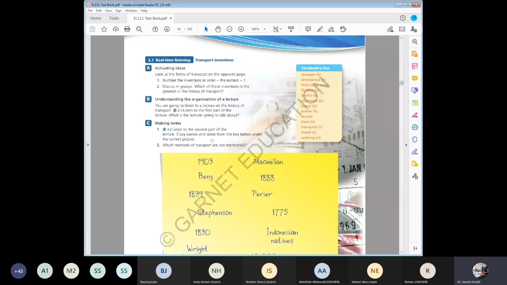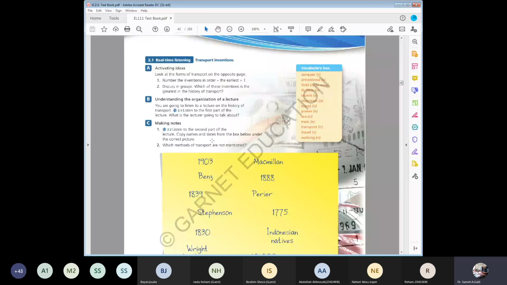So we use this structure, the superlative, in order to establish a relationship of one to many. We're making a comparison where on one side you have one and on the other side you have many.